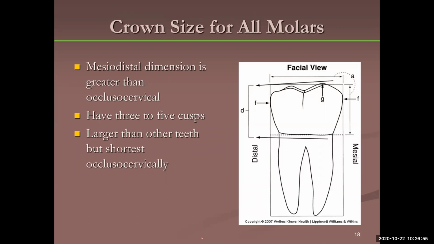What do we know about all mandibular molars? The mesial distal dimension is greater than the occlusal cervical dimension, because they're shorter teeth. They're wider but shorter. They're larger than the other teeth, but the shortest occlusal cervically.